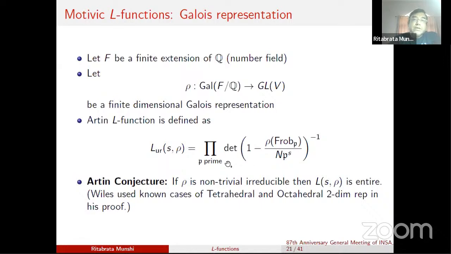That's also an analytic property of an L function, showing that it is an entire function. If you take, for example, the dimension of V to be 2, then you know that the representation has to be cyclic, dihedral, tetrahedral, octahedral, or icosahedral. Except for icosahedral, we know the conjecture for all of them. Langlands in his proof actually used that the tetrahedral and octahedral two-dimensional representations are modular.